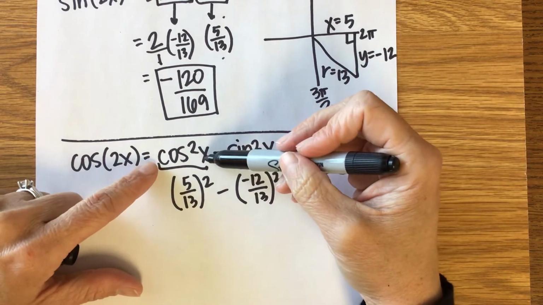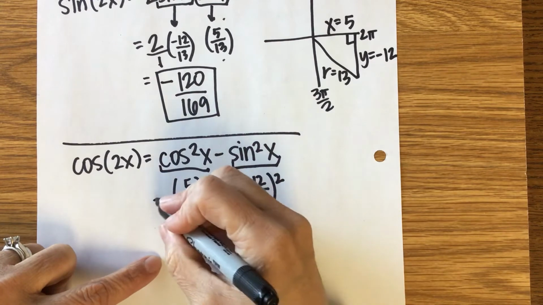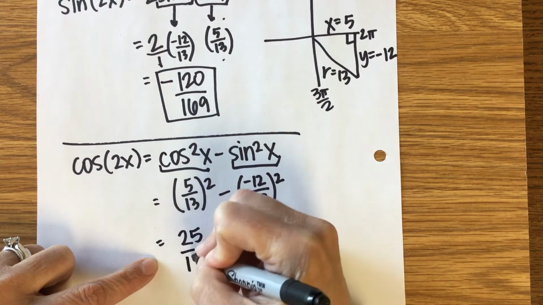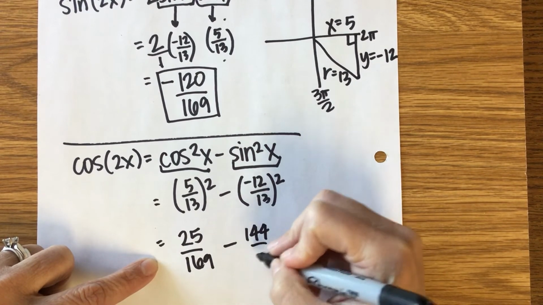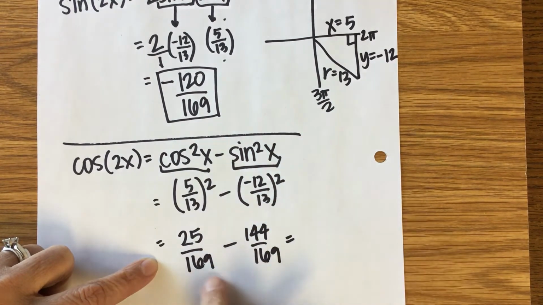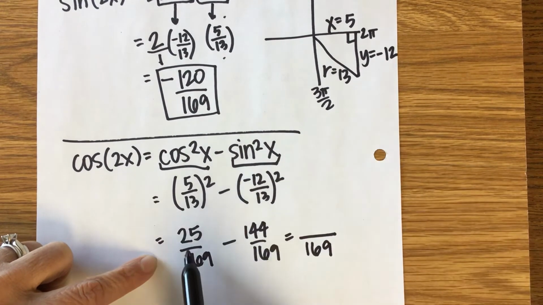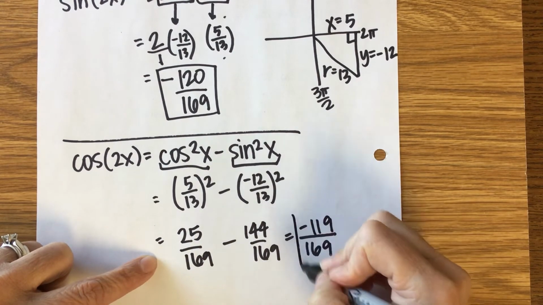So I just did cosine of x, and I just did sine of x, and now I'll square both of those. So square, square, it would be 25 over 169. Square, square, it would be 144 over 169. And then I've got these 2 fractions. They do have a common denominator, which is nice. And I'll just have to subtract the tops, which is -119.